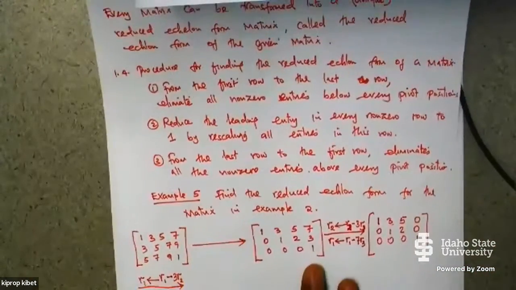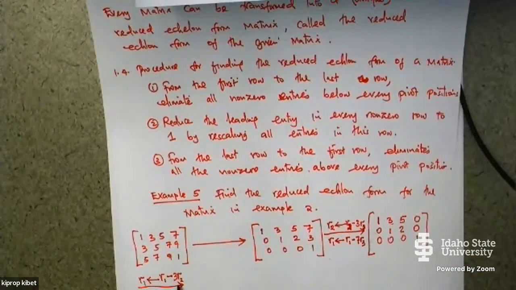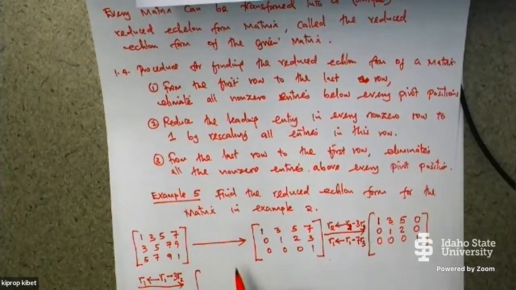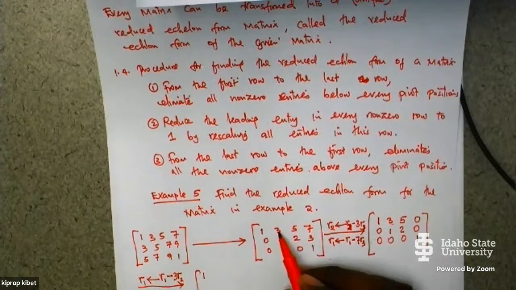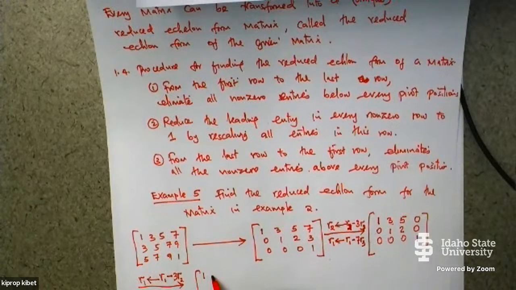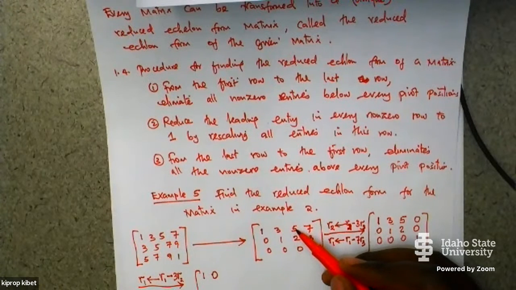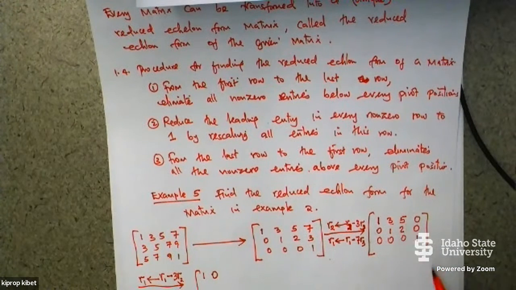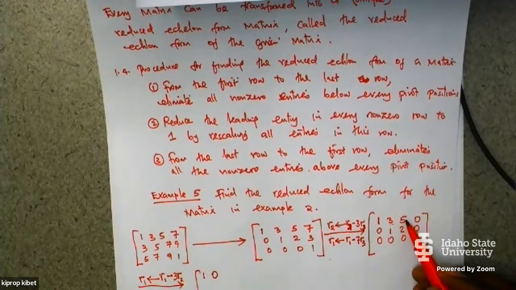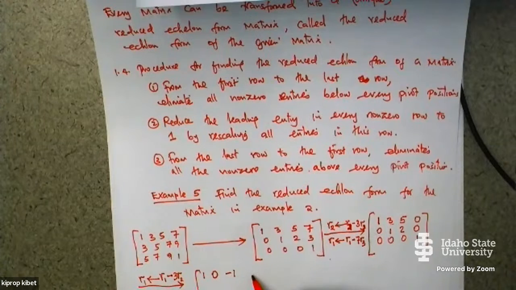So in this case, we have 1, and 3 minus 3 is 0. Here, 5 minus 6, you get minus 1, and then we have 0.